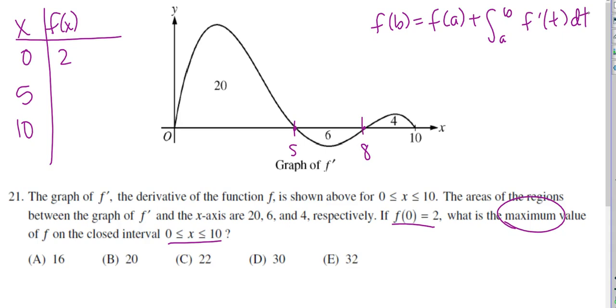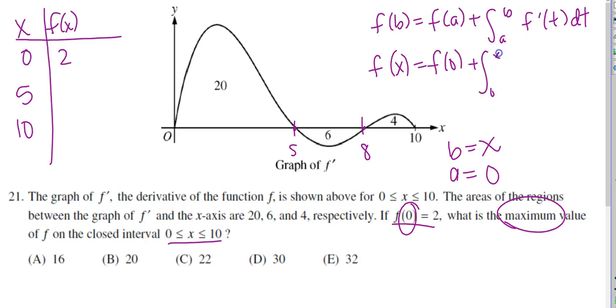So I'm going to let b be x, and let a be the given x value of 0. So let's plug this in. So I've got f of x equals f of 0 plus the integral from 0 to x, a to b, of f prime of t dt.